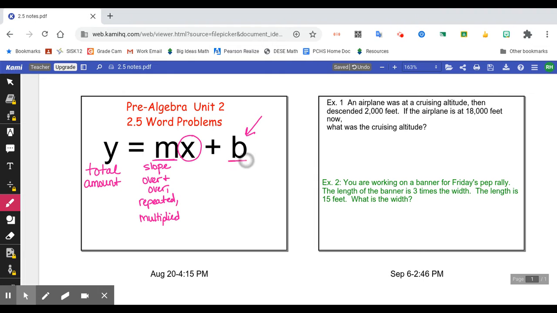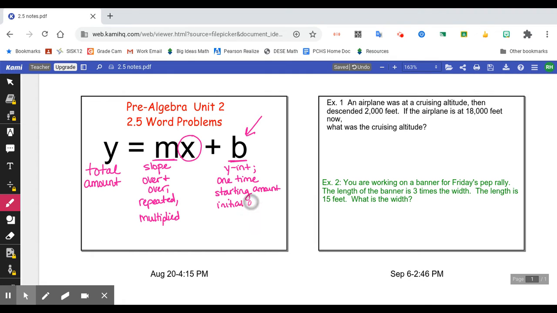And B is going to be, if you remember from last year, our y-intercept, which we'll talk about a lot later on. But for you guys, we're talking about something that only happens one time, or our starting amount, where they start from, the initial amount, sometimes it's called.